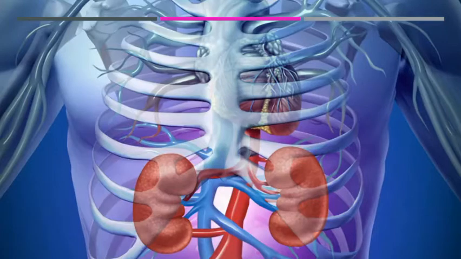So today we are going to start this chapter with the study of kidney. In this video we will study the structure of kidney, and in the next video we will see where the nephron is located in the kidney and what its function is.